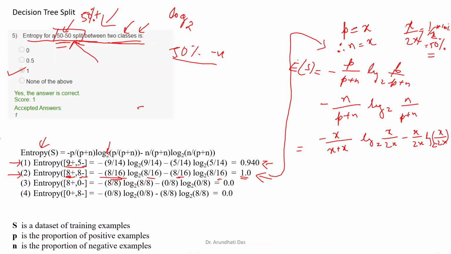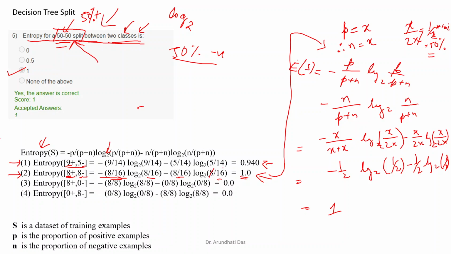We can give this in brackets, which will be minus half log of half, minus half log of half, correct. Which will turn out to be 1. If we do this calculation, it will turn out to be 1.